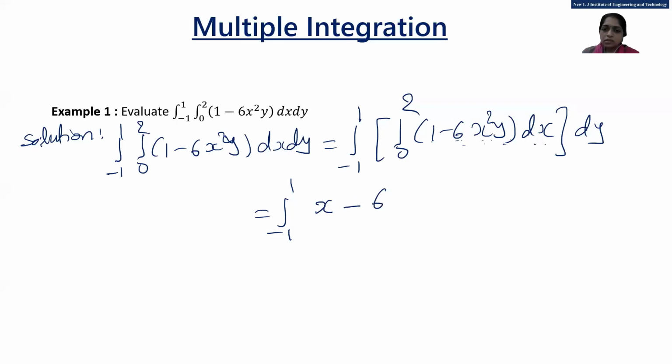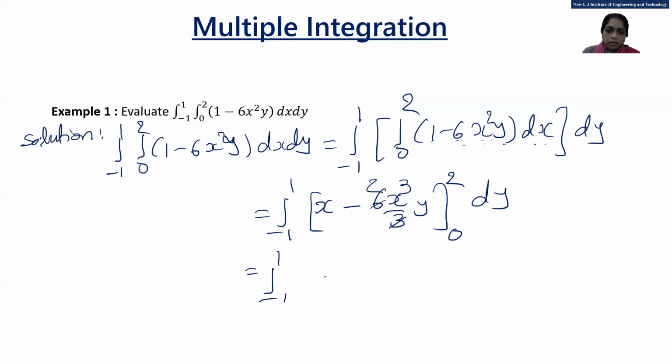So here 6, x cubed by 3, y, and the limits are 0 to 2, dy. By simplification here, 2x cube y, right? So here -1 to 1, x minus 2x cube y, limits are 0 to 2, dy.